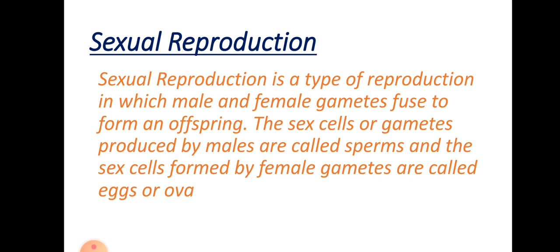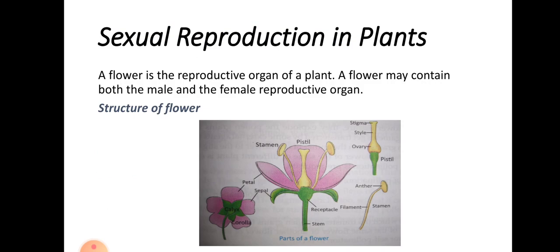Next we'll talk about how sexual reproduction takes place in plants. But before that, let us talk about the structure of a flower. Already we know that a flower is the reproductive organ of a plant.